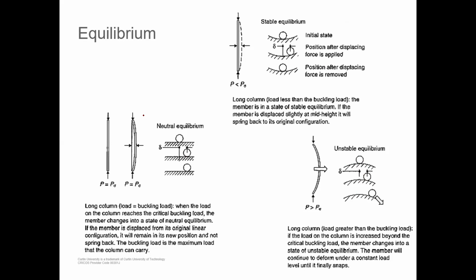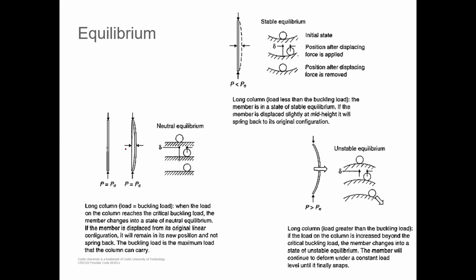With the length of the column, this condition will change. So the length of the column is the main factor here. Later on we call it the L/R ratio, but keep in mind that the length of the section is very important. P means a buckling load. There is a critical load at which it will act as elastic buckling.